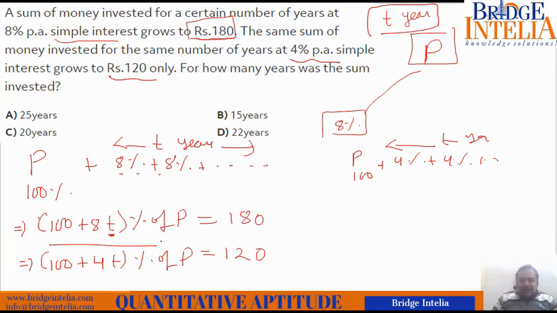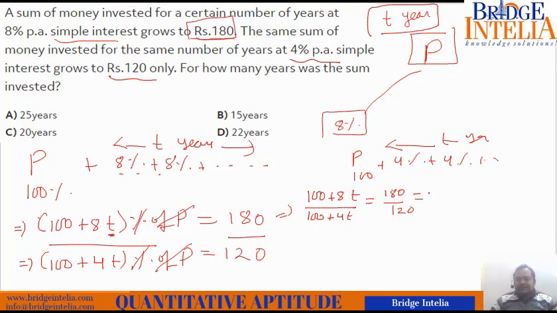How? Divide both these equations. So this P and P will cancel, percentage cancels. So from here 100 plus 8T divided by 100 plus 4T is equal to 180 by 120. So 180 by 120 can be further simplified as 3 by 2. So from here you cross multiply.